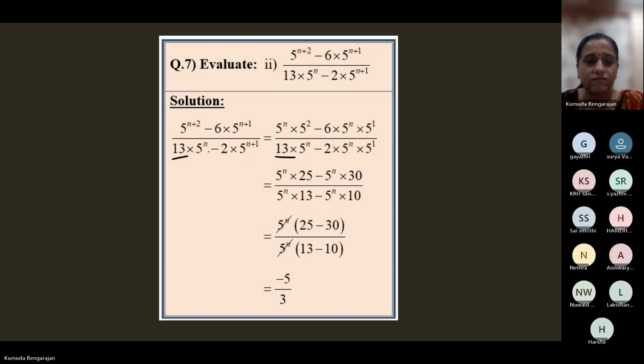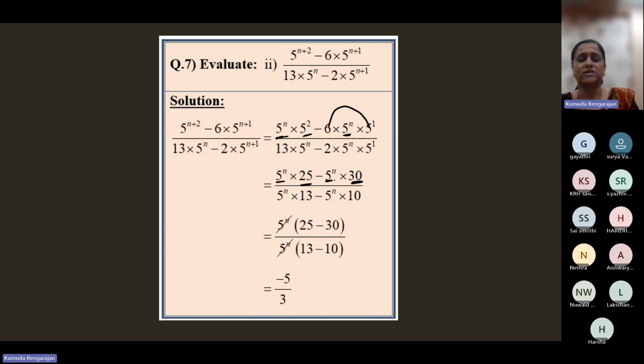13 as it is, 5 to the power n, it's simple, right? So you write it as it is. And minus 2, 5 to the power n plus 1, so it's 5 to the power n into 5 to the power 1. Next, 5 squared is 25, 5 to the power n as it is. 6 5s are 30, 5 to the power n as it is.